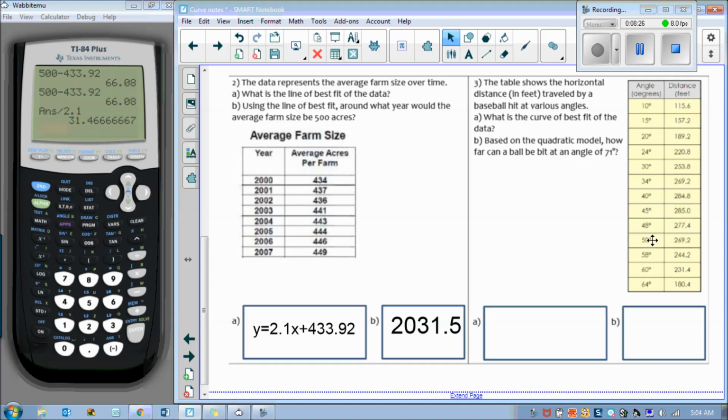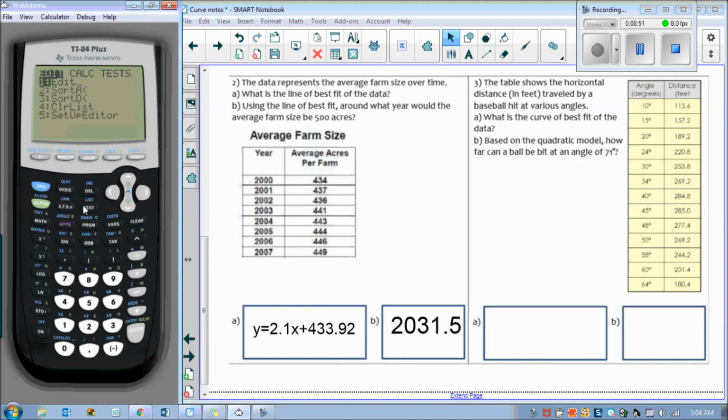When you increase the angle, it's generally going to increase the distance up until about 45 degrees, and then it goes back down. When your bat angle is about 45 degrees, that's when the ball is going to go the farthest distance. And actually, that's generally true in physics. When you have a 45-degree angle as the launch angle, that's going to give you the greatest horizontal distance.